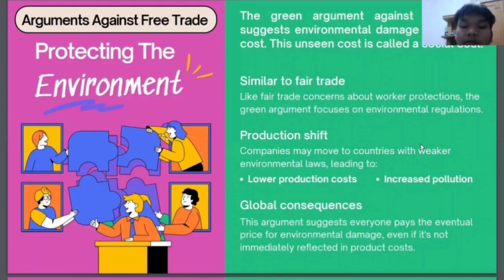Companies may move to countries with weaker environmental laws, leading to lower production costs, increased pollution, and global consequences. This suggests everyone pays the eventual price for environmental damage, even if it's not immediately reflected in product costs.